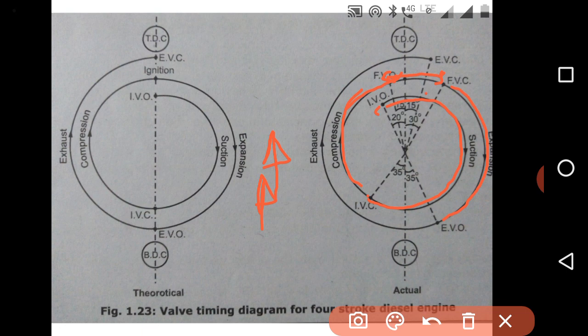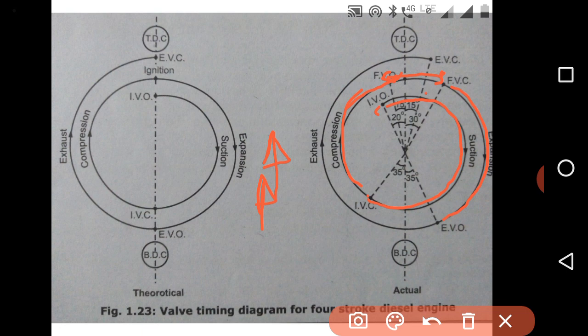Again, for achieving better performance of the engine, we have to release the maximum amount of combustion byproducts to the atmosphere, so we are increasing the duration of exhaust valve opening.